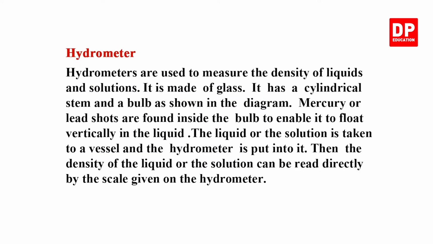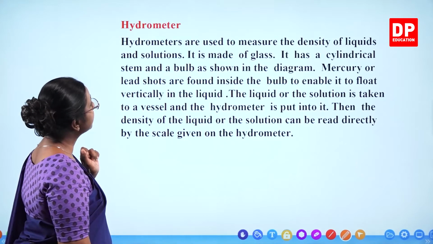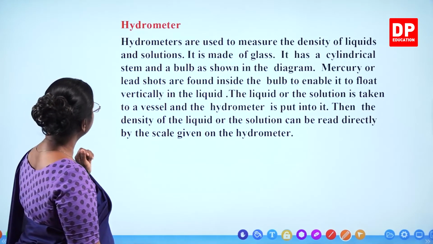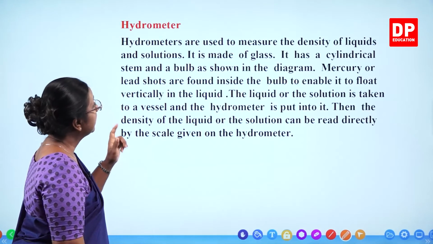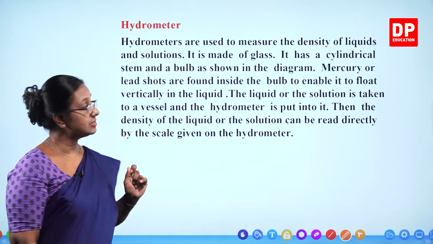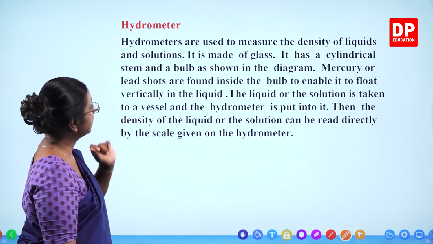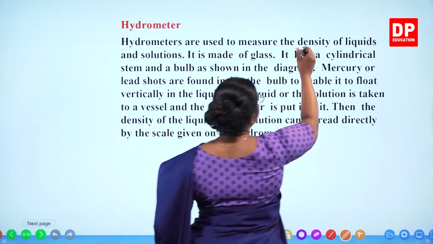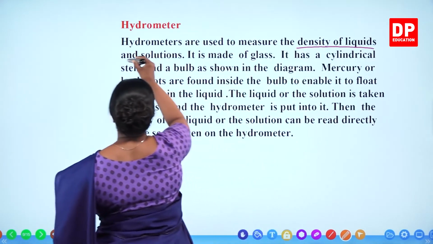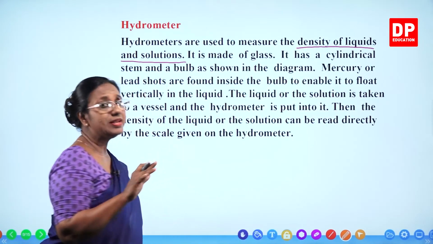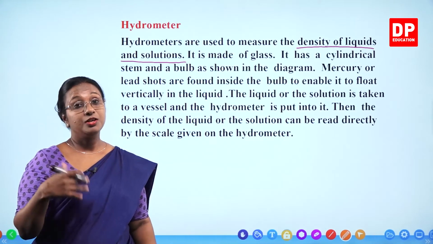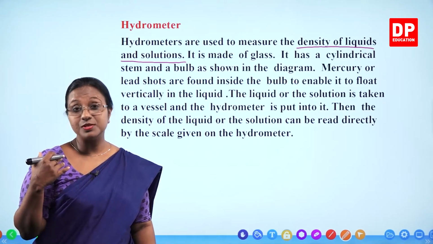So hydrometer. Hydrometers are used to measure the density of liquids and solutions. It is made up of glass. So here it is an instrument used to measure the density of liquids and solutions. You are familiar with different hydrometers. You have discussed different examples also.